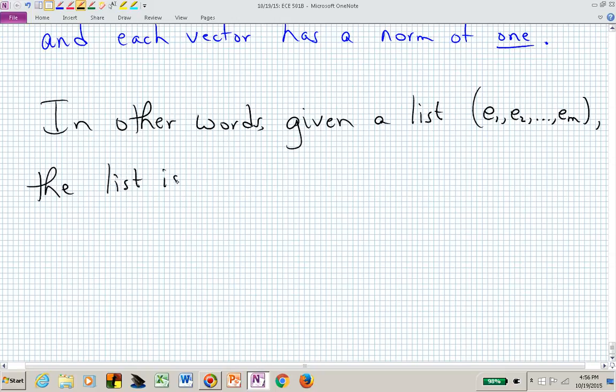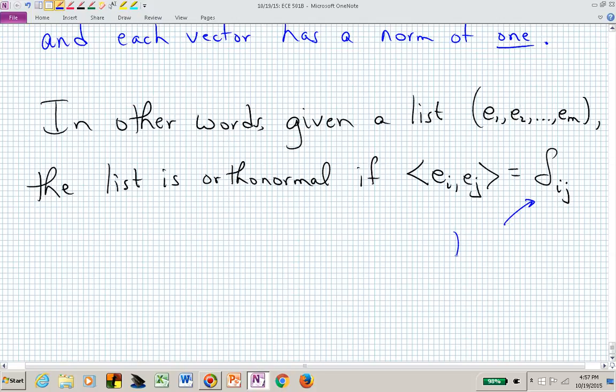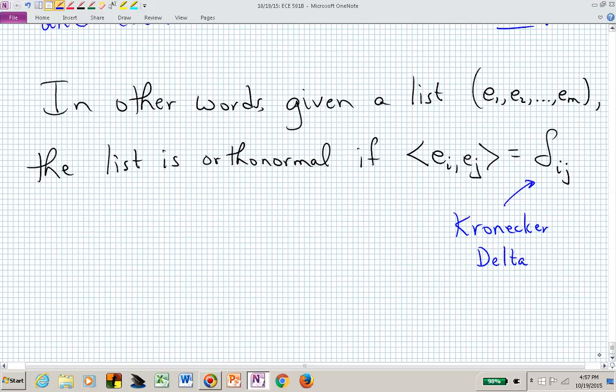The list is orthonormal if the inner product of E sub i with E sub j is what I'll call the Kronecker delta, delta subscript ij. That Greek symbol with the two subscripts just means it's either 1 or 0.